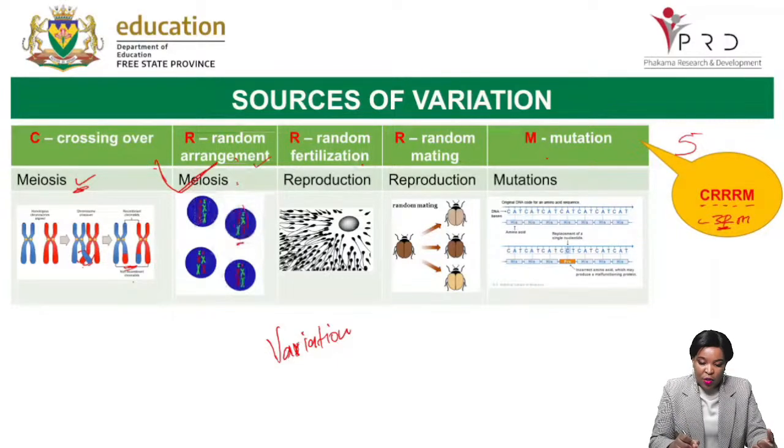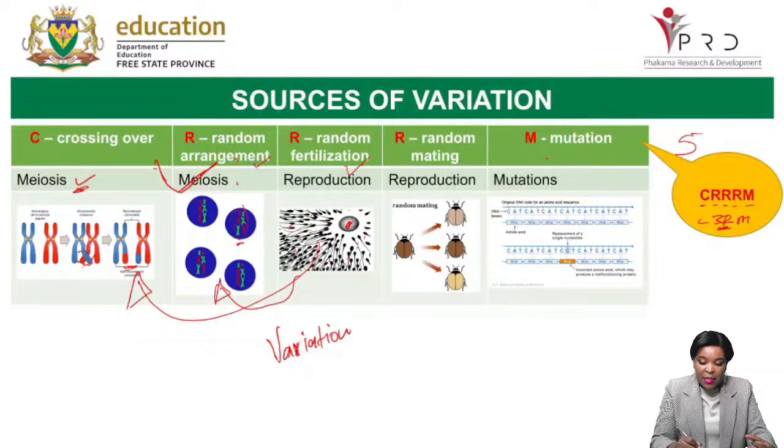And then the second R, which is random fertilization. If you take a look at this, there are a number of sperm cells coming to fertilize this ovum. Remember, these sperm cells all carry different genetic material because of the processes in meiosis, in prophase 1 or in metaphase.